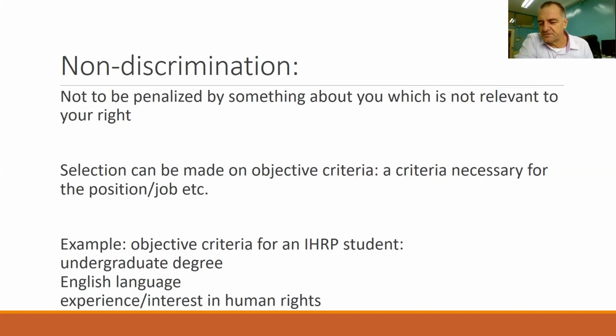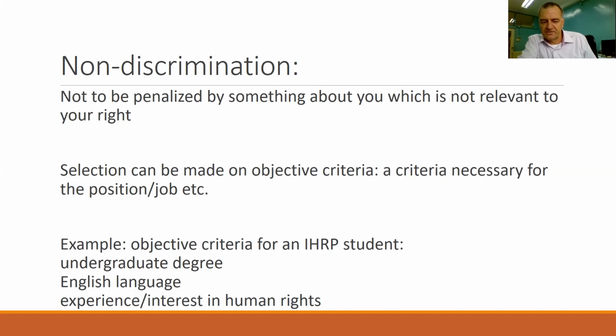Same thing if it depended on your religion or your age or your skin color. These are all examples of categories which are irrelevant, which are subjective. Discrimination must be based on some kind of objective criteria that's necessary. So when you pick people for a job, you can have objective criteria that they should be able to do certain things.